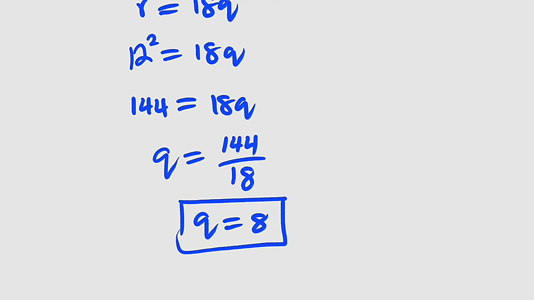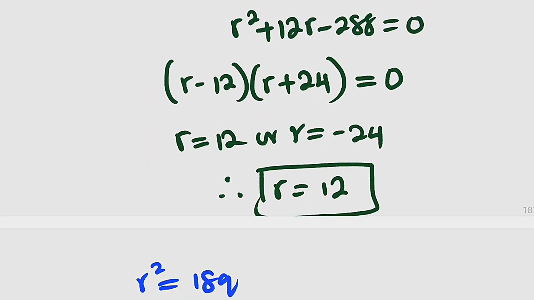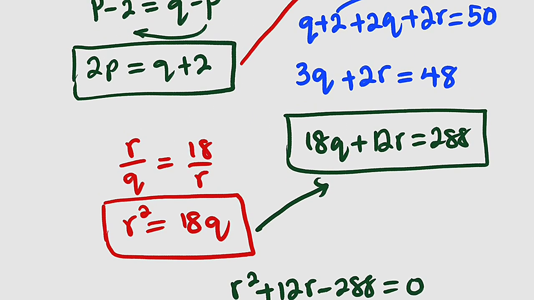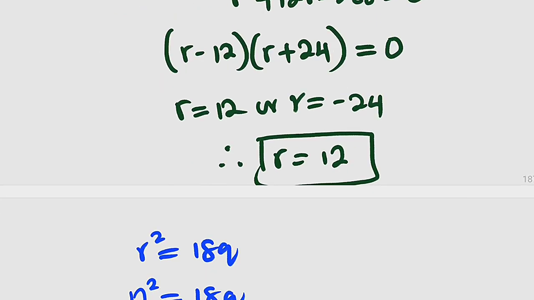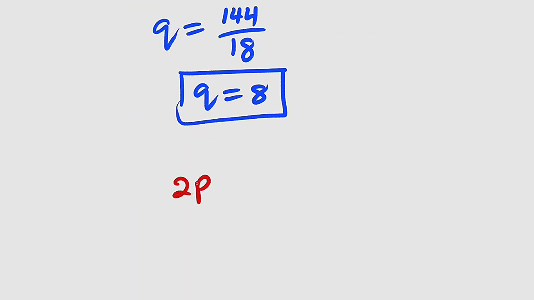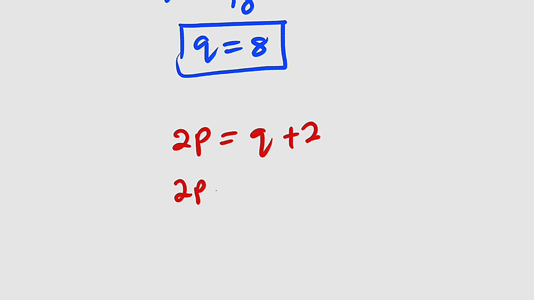The only thing we need to find again is P. Do we have any equation written in terms of P? Yes, we have another one here which stated that 2P is equal to Q plus 2. But we know that Q is 8, so we can substitute it here. We have 2P equal to 8 plus 2, so 2P equals 10.